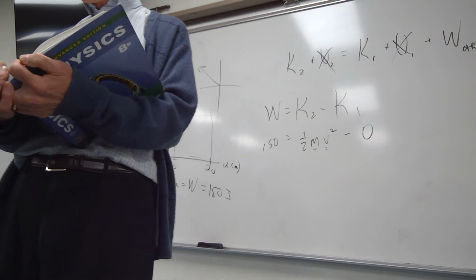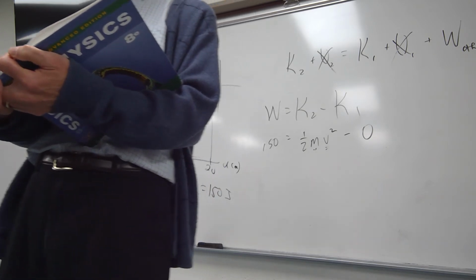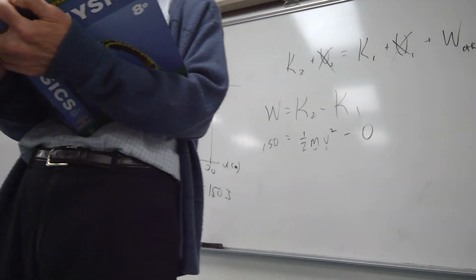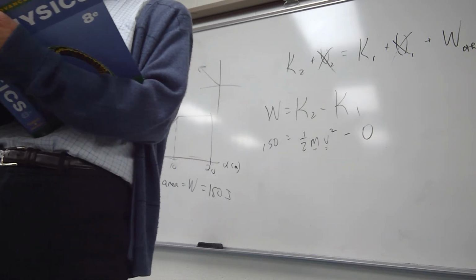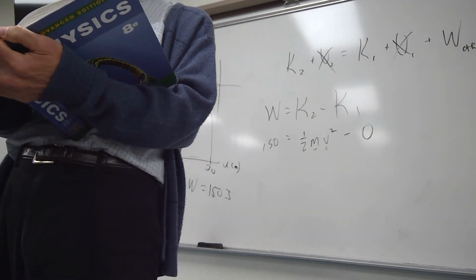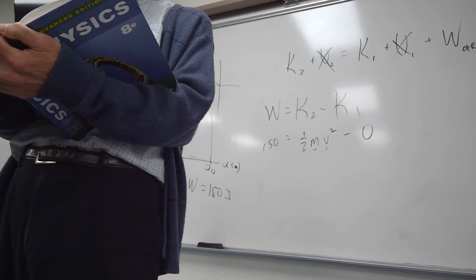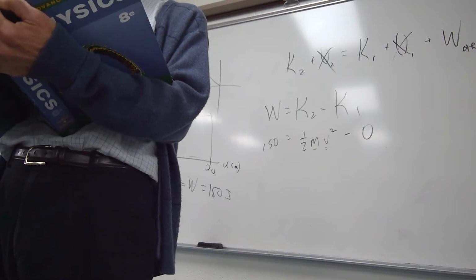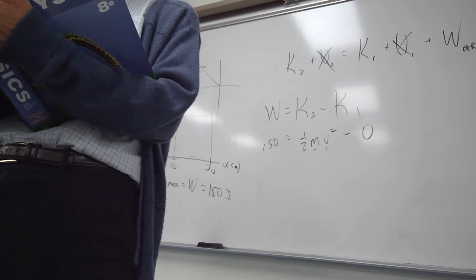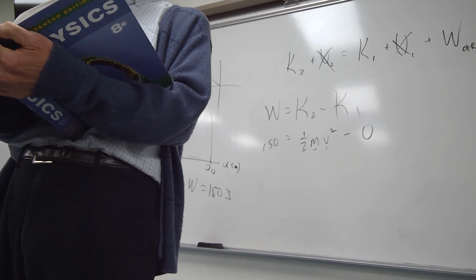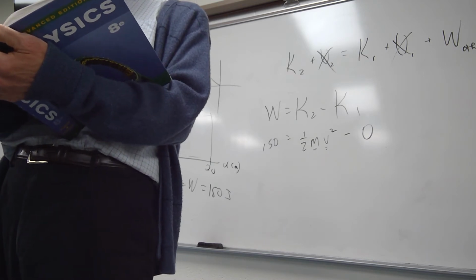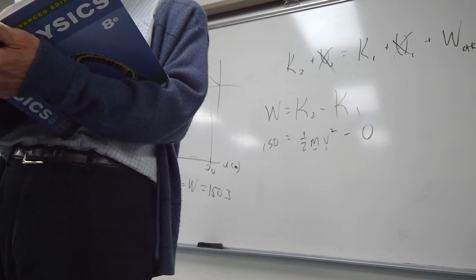Mackenzie, what do you think? B. Anybody else put B? You are correct. B says W1 is equal to negative W2. They're canceling each other out. So that's why the speed didn't change. Very good.